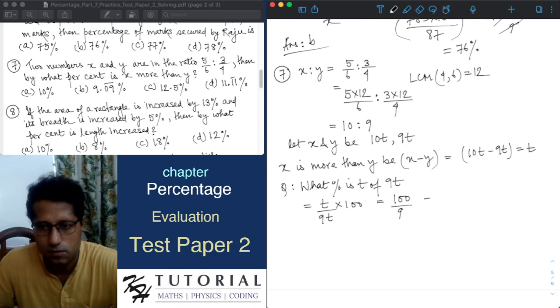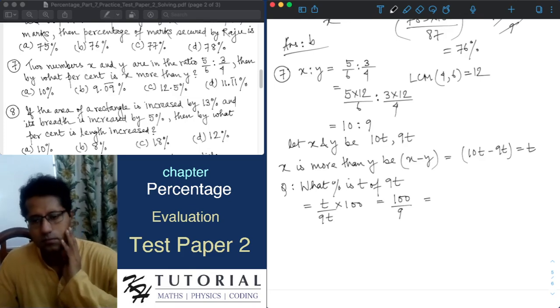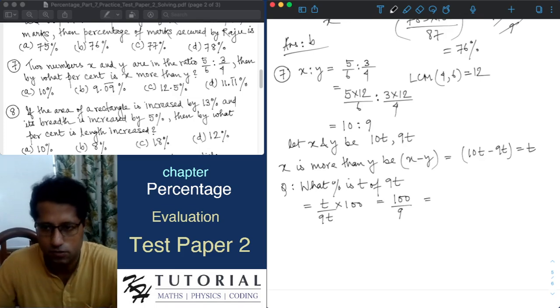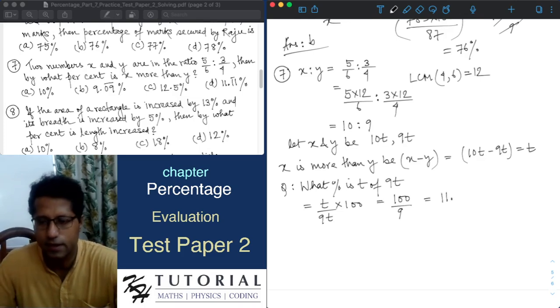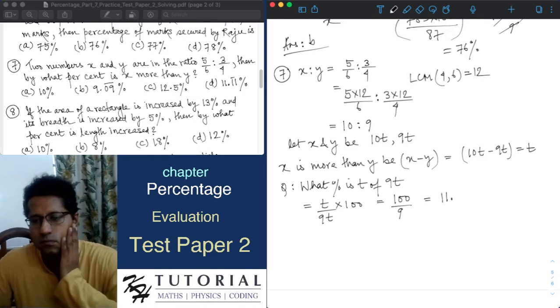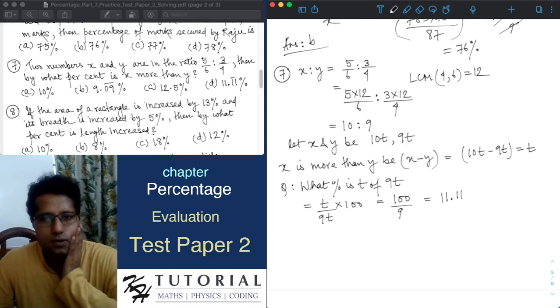This equals 100 by 9. 9 does not perfectly divide 100. So let's see. It is 1, 11, 11. So 99. We have 1, 1. It seems that 1, 1, 1, 1 will continue. So the 111 will continue.